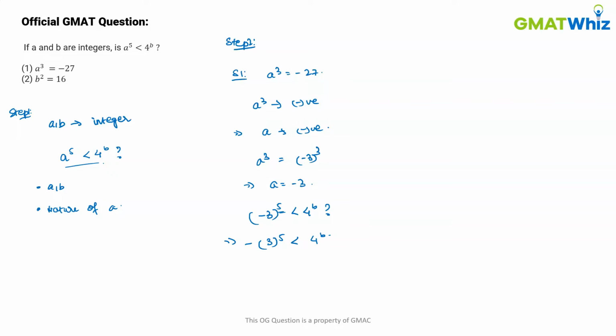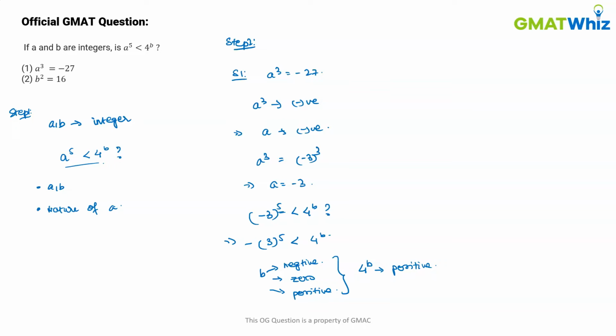Now b is an integer, correct? So b can be negative, b can also be 0, and b can also be positive. But notice in all these cases, the value of 4 to the power b will always be positive. It will always be greater than 0.